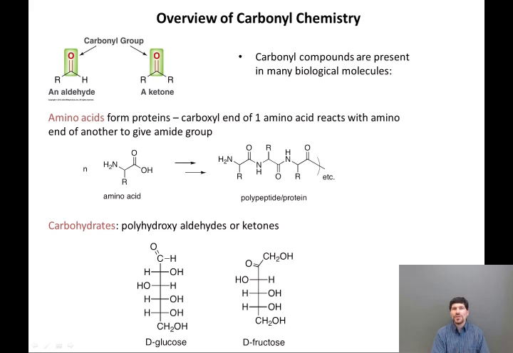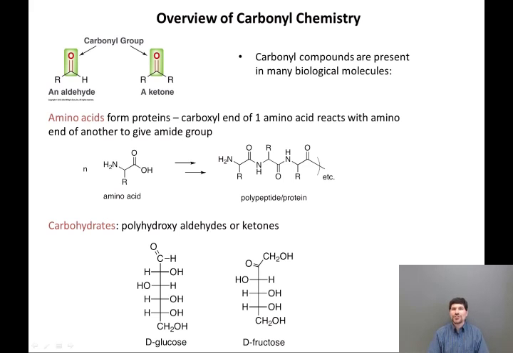So for example, the structure of glucose is called an aldose. It's a sugar that is derived from an aldehyde. As you can see, one end of the chain in its open chain form contains an aldehyde, and every other carbon that is not the carbonyl carbon has an OH on it.